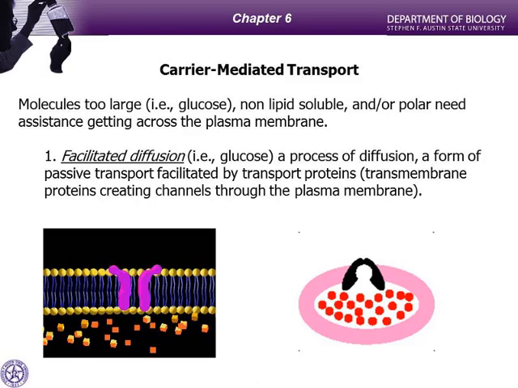So some are gated, some do look like these passageways, but others are actually going to be able to change shape. And even though this protein is changing shape, in our example here, how do we know this is facilitated diffusion and not active transport? Look at our illustration.